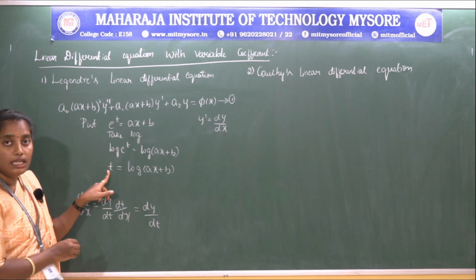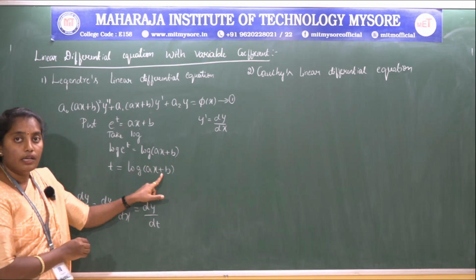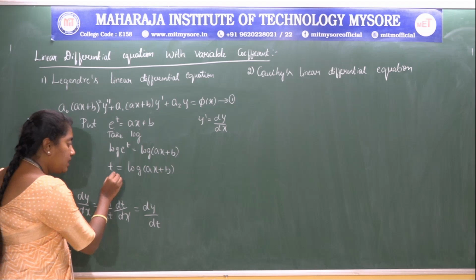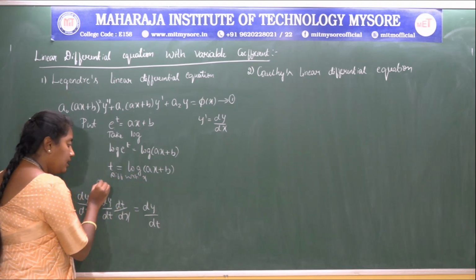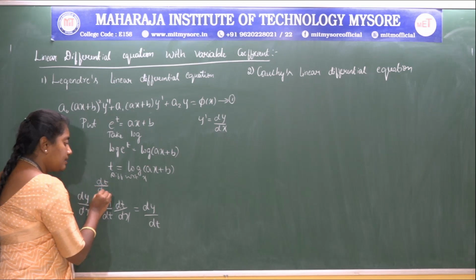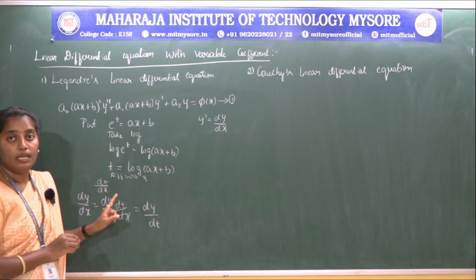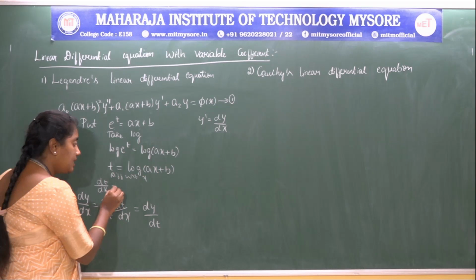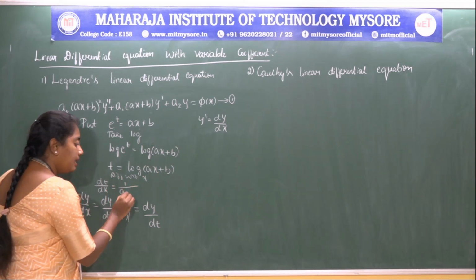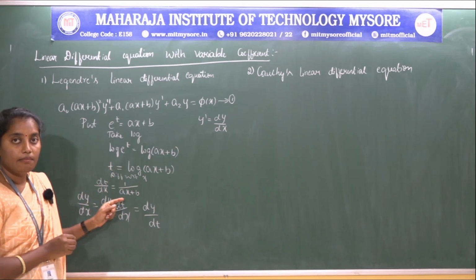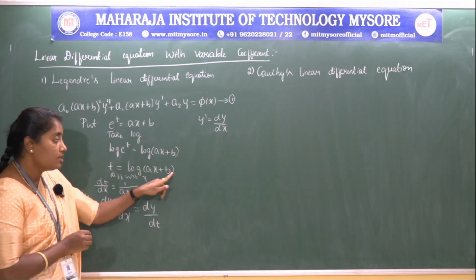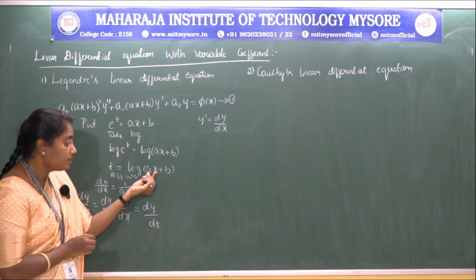Here we have t is equal to log of ax plus b. Differentiating with respect to x, we get dt by dx is equal to 1 divided by ax plus b into the differentiation of ax plus b.